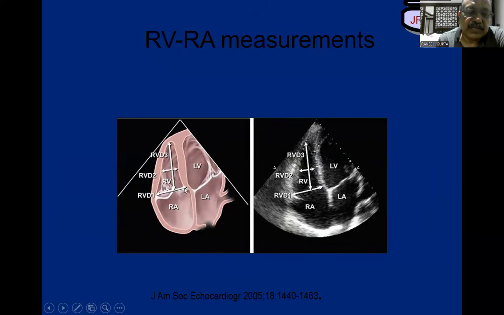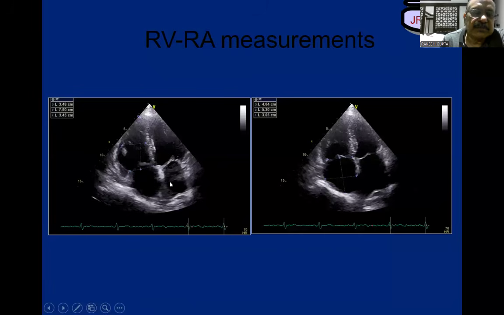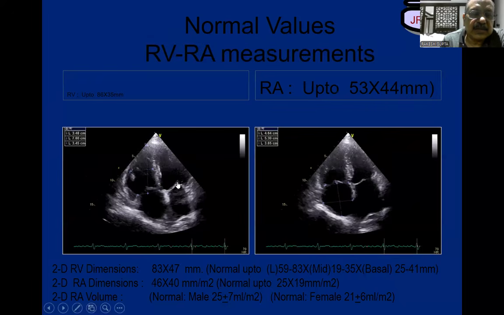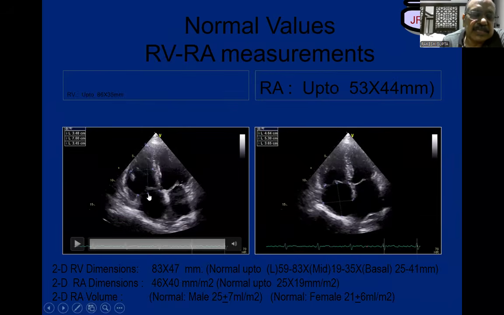First we join the annulus, then we take a long axis view, then we take a short axis view. Once we have done the RV measurement, we go on to measure the RA size now. And how do I measure my RA size? I measure my RA size when the RA is biggest in size. So annulus to annulus hinge point, then the middle of this line to the free wall, and the short axis dimension from the septum to the RA free wall.